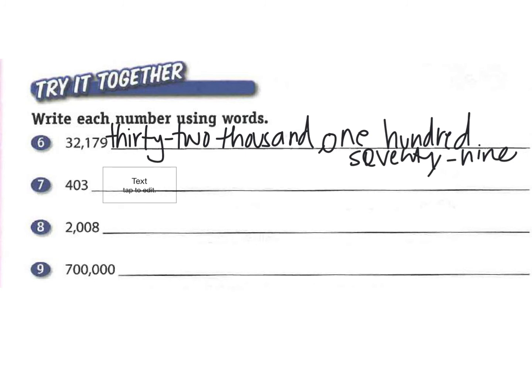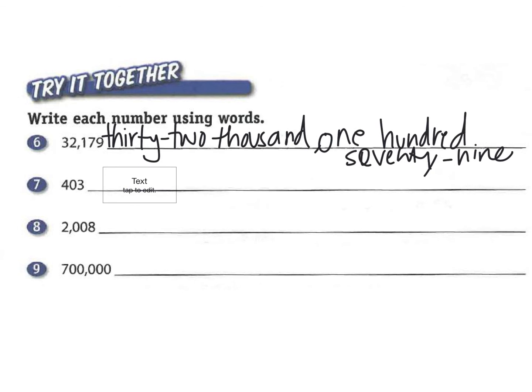Okay, these next couple I'm going to type out so it's a little bit easier for you to read. So I'm going to pause it, read it, and type it out for you, and then you can write it on your paper. So number 7, we can see here we have 4 hundreds, no tens, and 3 ones. So we would read that as 403. Our next one you can see is just 2008.